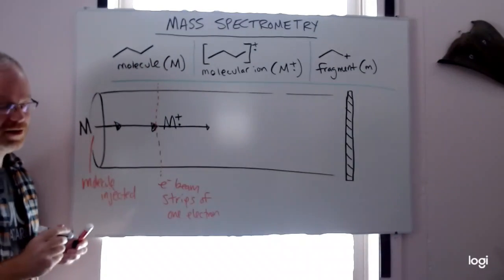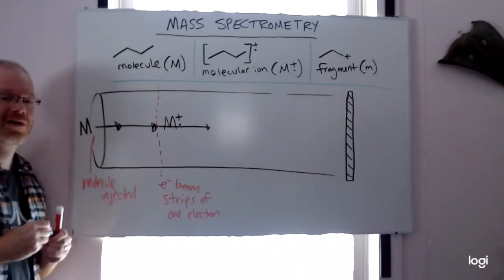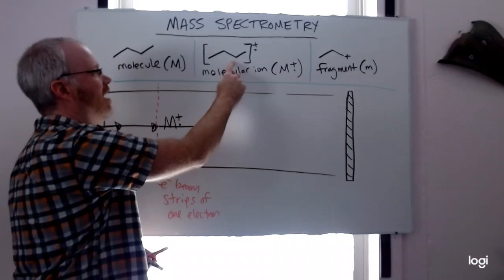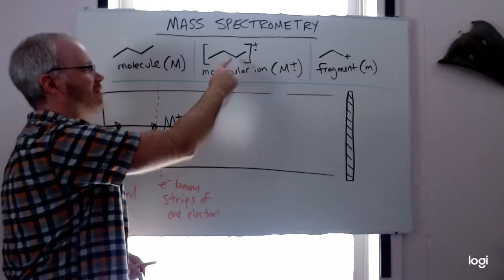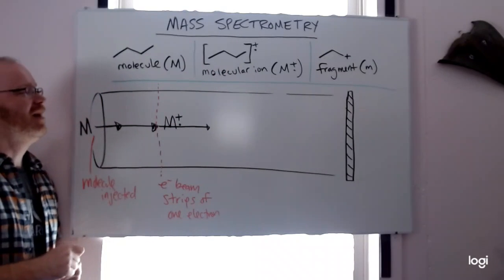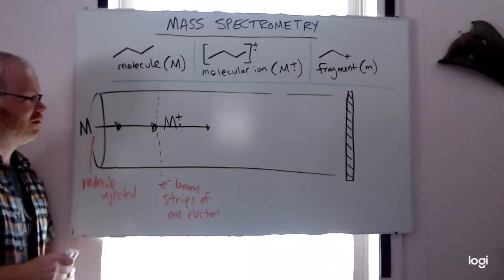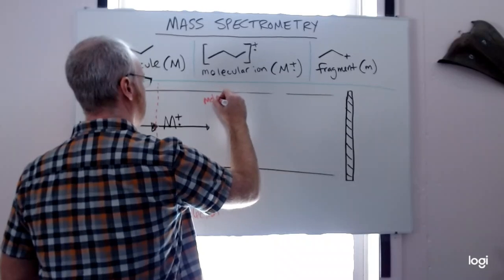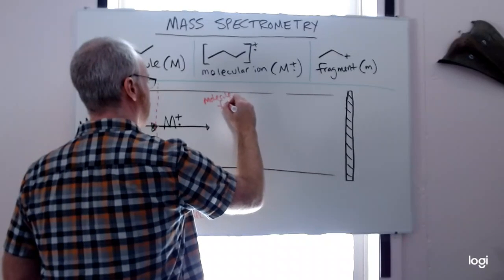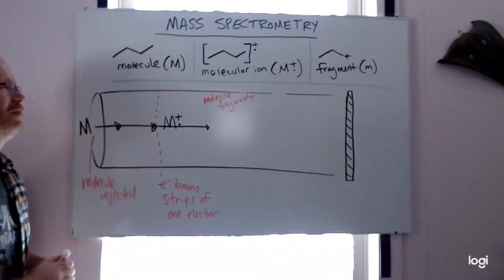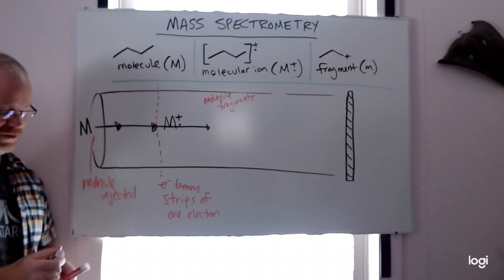And then it can fragment, right? So you've hit it with a ton of energy. You've put it in an unstable state, right? It's a radical, it's a cation. It can break apart from there, and so then it can fragment. Basically, you're breaking bonds, blowing it apart into a bunch of different pieces.